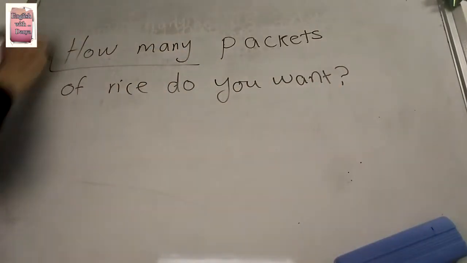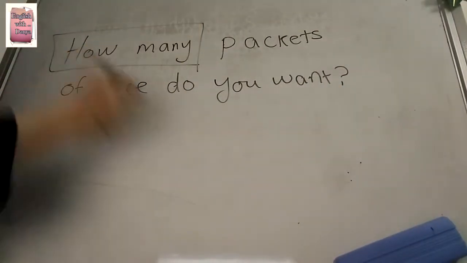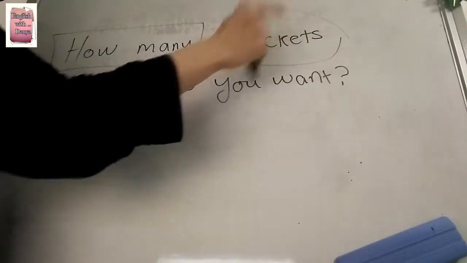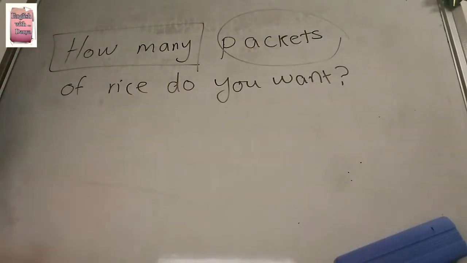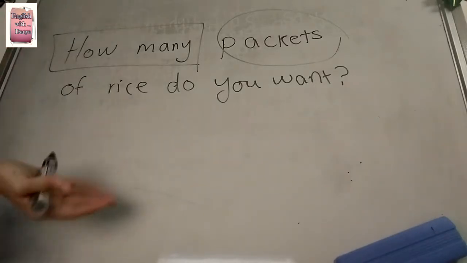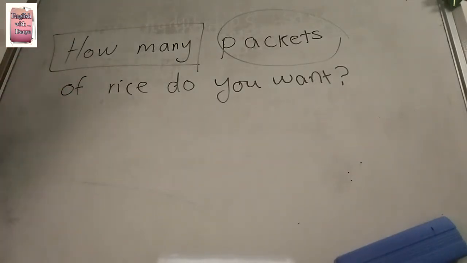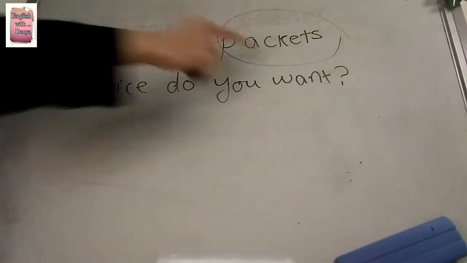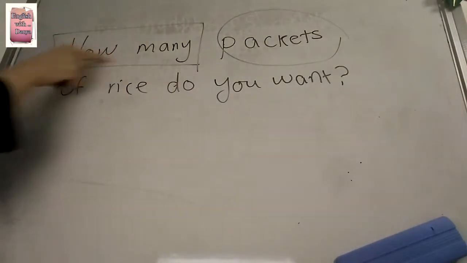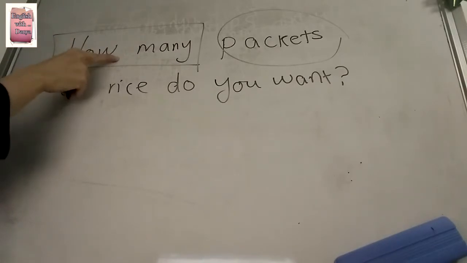Why did we use how many? We used how many because packets is something that you can count. You can tell how many you want. Do you want only one packet? You want 2, 3, 4? How many? So when it comes to countable, we start the question with how many.